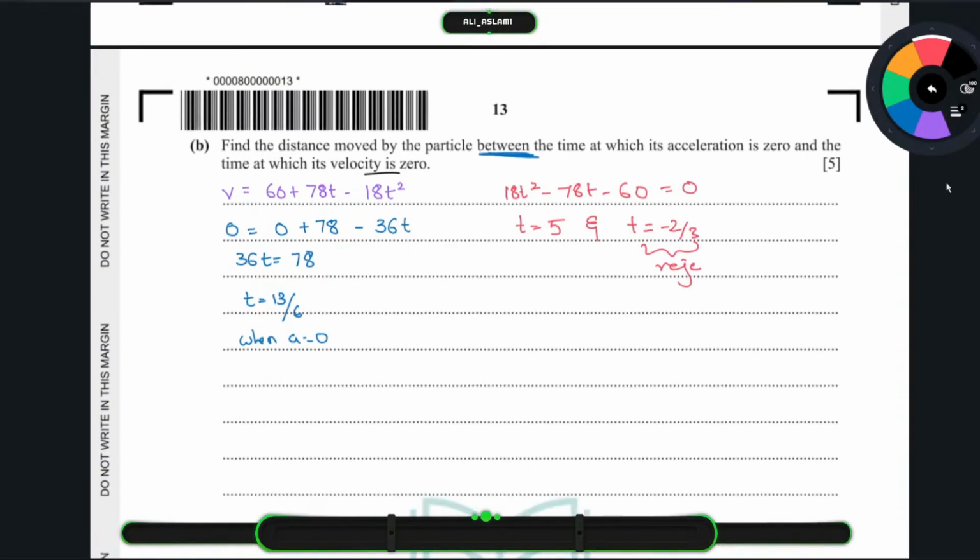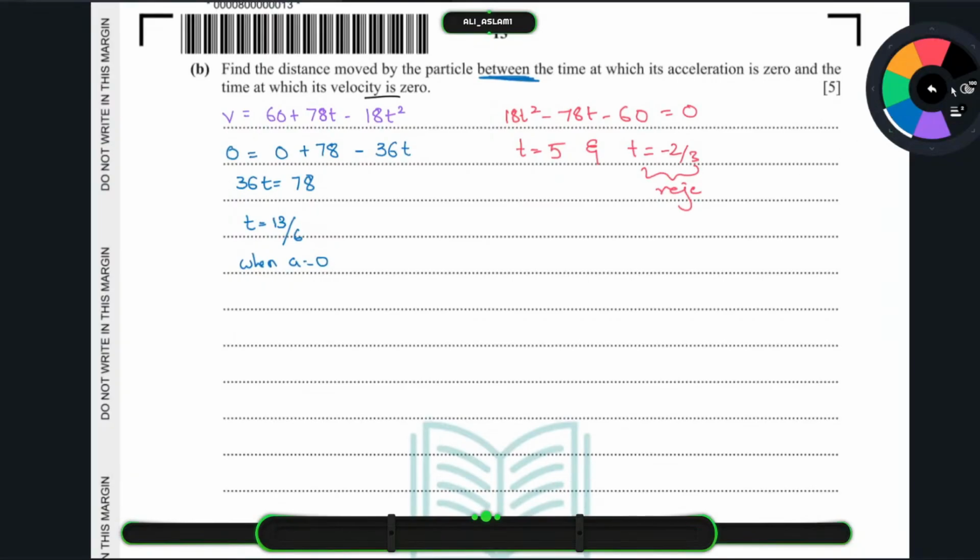So we are getting two values of t, one is 5 and the second one is minus 2 by 3, and this is rejected. So our time bracket would be the distance traveled between 13 by 6 and 5. Isn't 13 by 6 about 2-ish? Yeah, so it's the other way around.